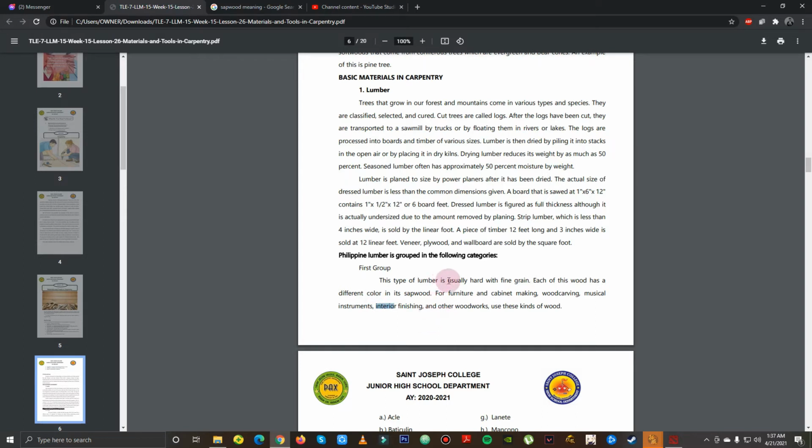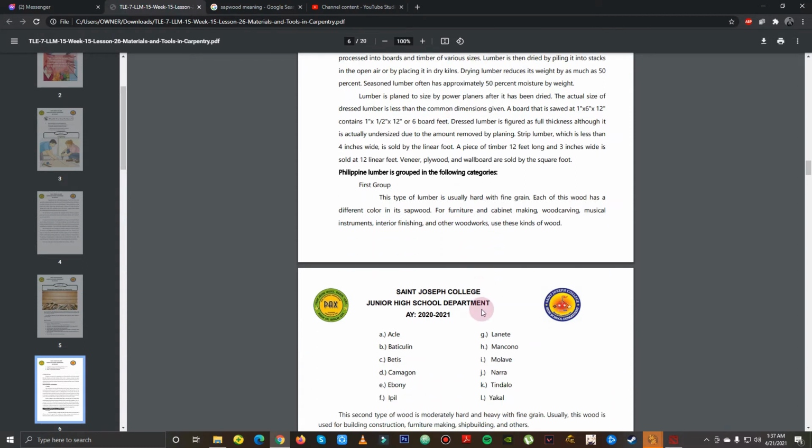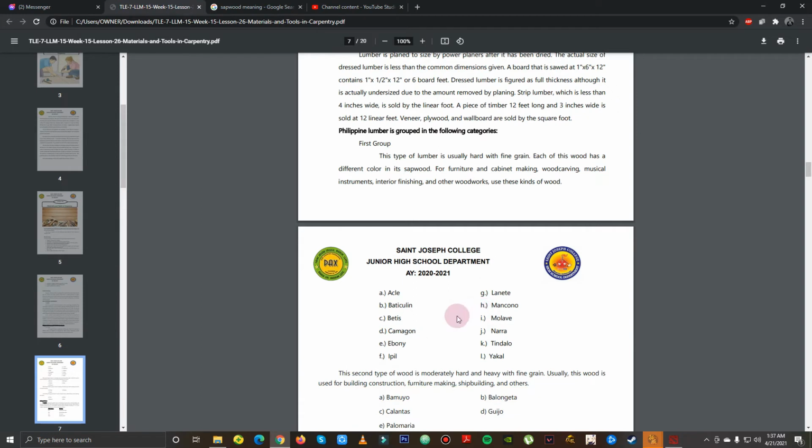It's best to use the first group of wood if you want to make these kinds of objects. Okay, so this is the first group. First is Aco, next is Batikulin, next is Bitis, Camagon, Ebony, Ipil, Lanete, Mancono, Molave, Nara, Tindalo, and Yakal.